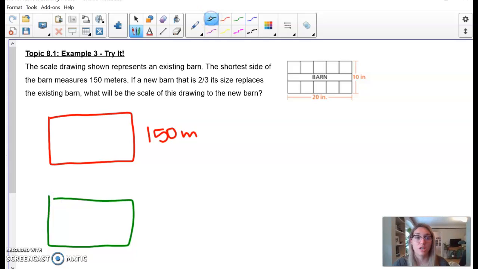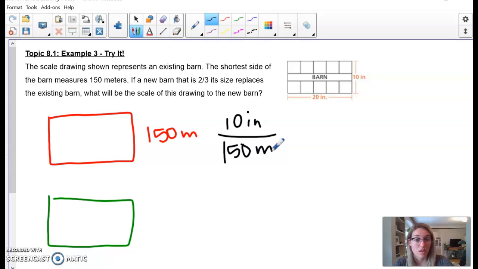Now we do have the information that in the drawing, the width is 10 inches, and in the existing barn, the width is 150 meters. So I'm going to relate those two. I'm going to say that for every 10 inches in our drawing, it represents 150 meters for the actual barn.